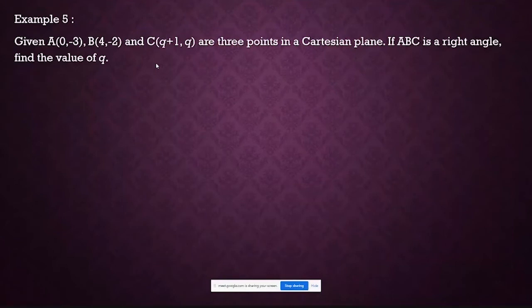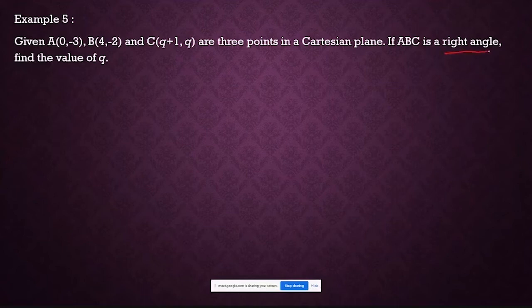Given A, B, C: A is 0, negative 3, B is 4, negative 2, and the coordinates of point C are q plus 1, q. These are 3 points in the Cartesian plane. If angle ABC is a right angle, find the value of q. So ABC is a right angle, which is given here as the relation.